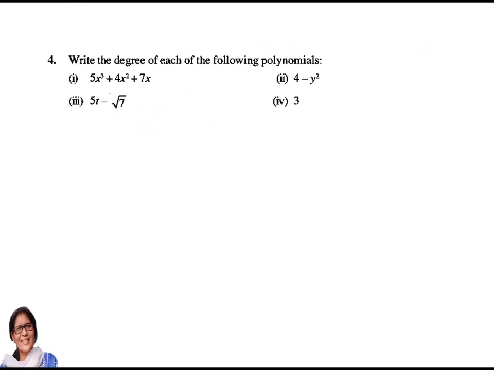4. Write the degree of each of the polynomials. I hope you can write yourself now. What is the degree? This is the maximum. Degree is 3. Second one, degree 2.